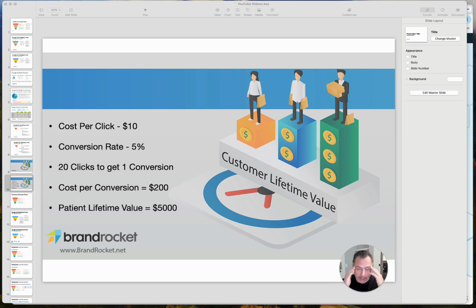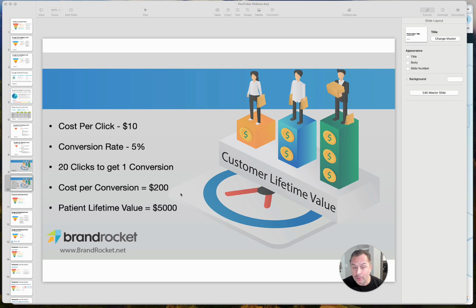And think about it like there's a patient sitting on the shelf: what's the maximum amount that you would pay for that patient to become part of your practice and contribute to your revenue year after year, right? So really think about that. In this particular case, we're saying cost per conversion on the Google ad side is $200, but if we have a 50% close rate, then we're going to need double the amount to be able to get the number.